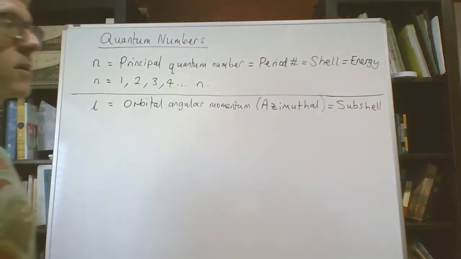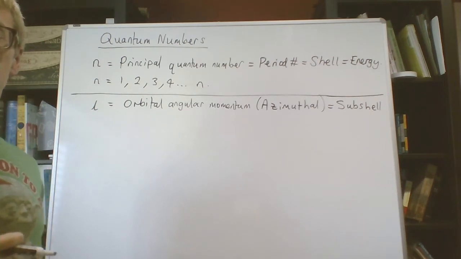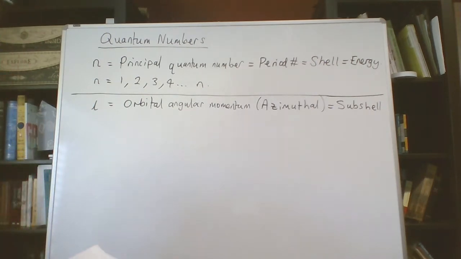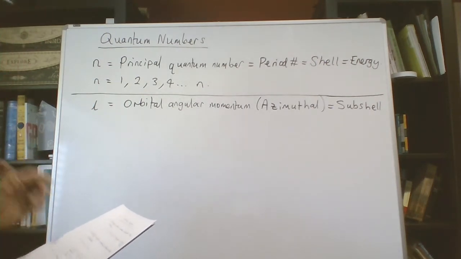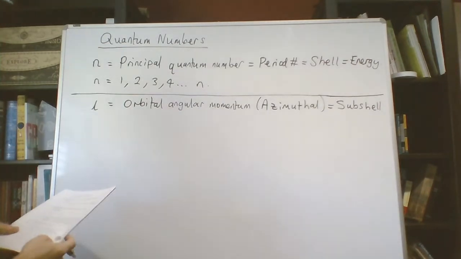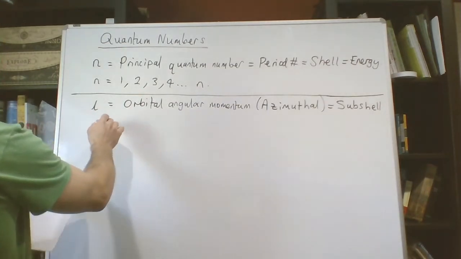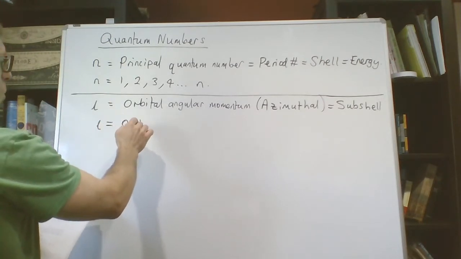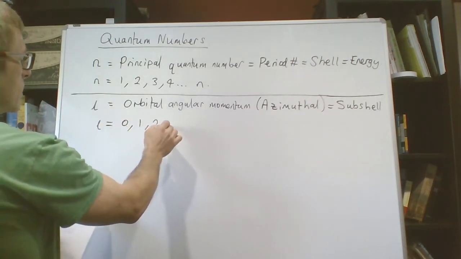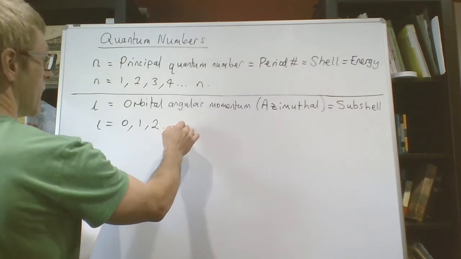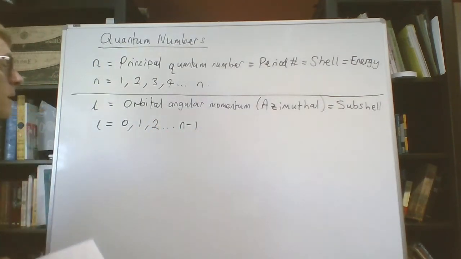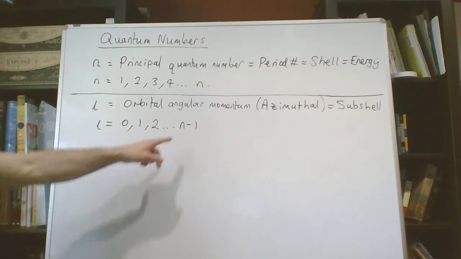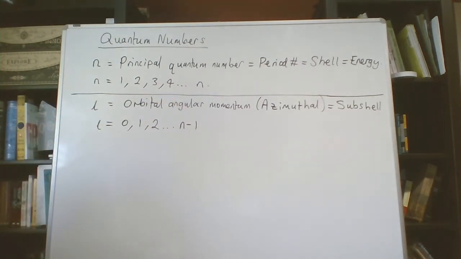So as the word suggests, there are numerous subshells within a given shell, and so we'll keep a lookout for that. L can have values of 0, 1, 2, all the way up to n-1, where n here refers to the principal quantum number.